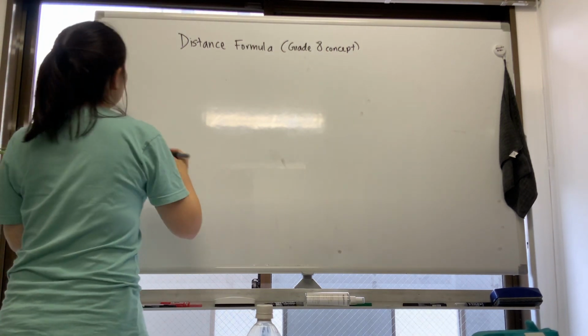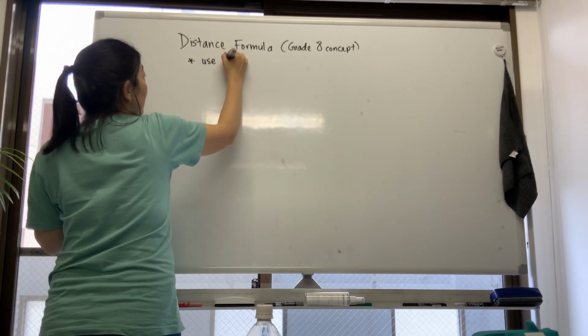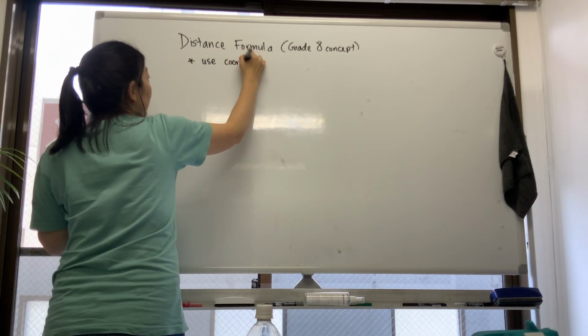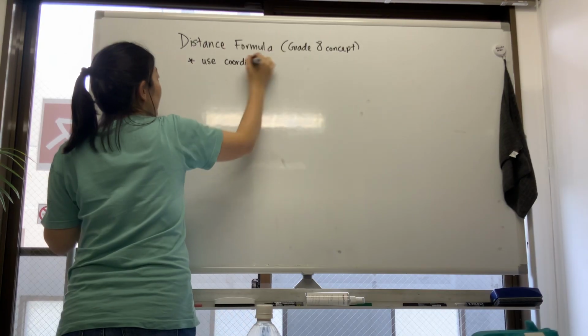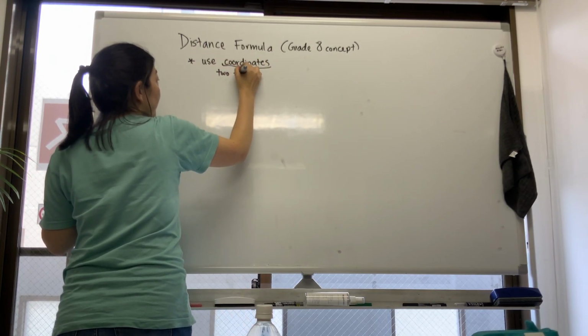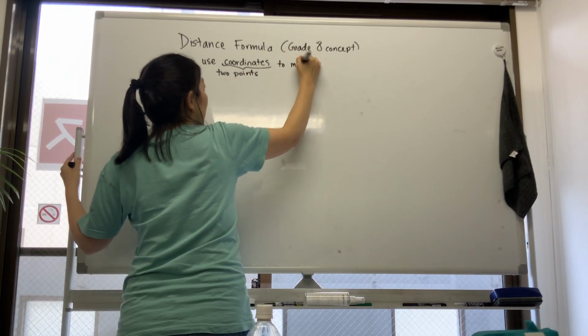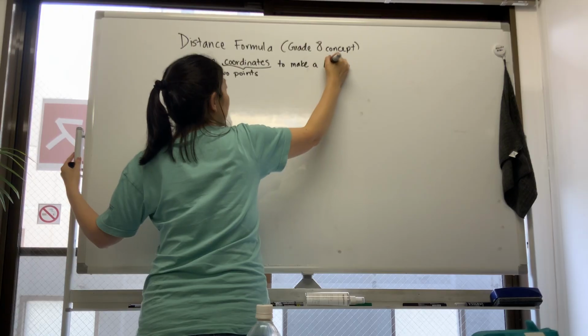How we do this is, one, we're going to use coordinates. In this case, coordinates means 2 points to make a right triangle.